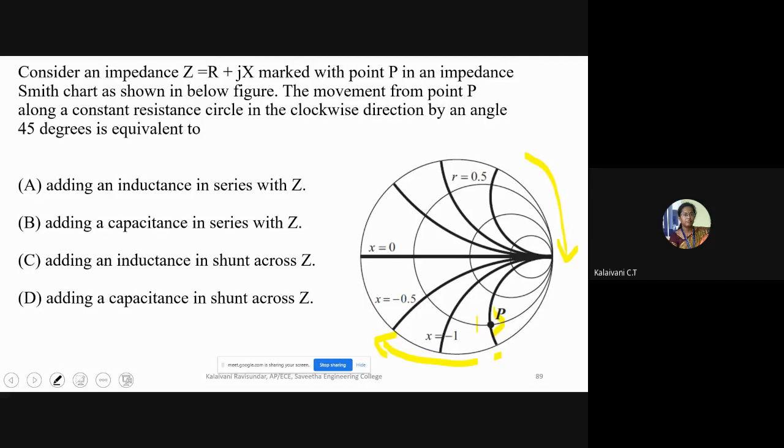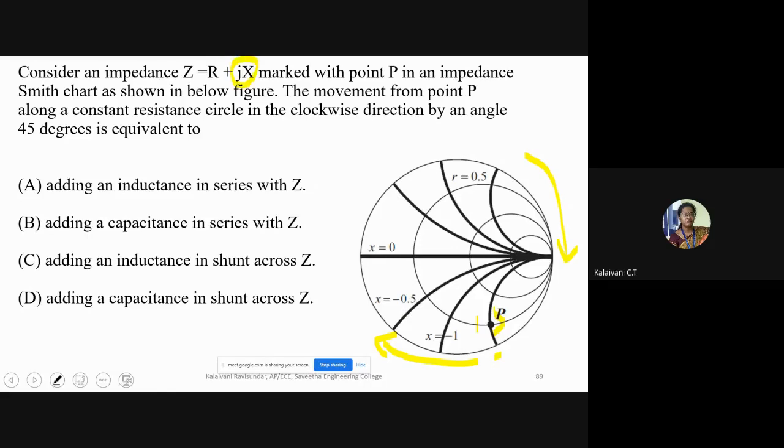They are asking what will be the equivalent. The possible choices are adding an inductance in series with Z, adding a capacitance in series with Z, adding an inductance in shunt across Z, adding a capacitance in shunt across Z. So we have to find what will happen to the impedance jX. They are asking about this jX.